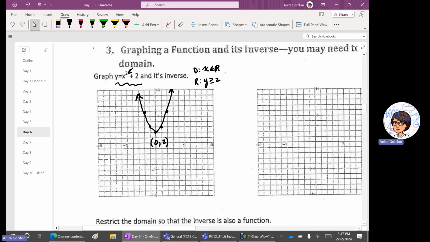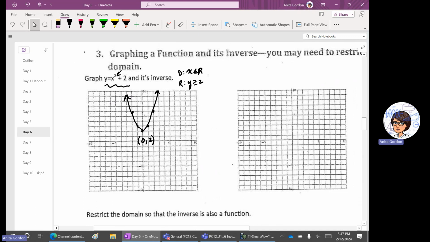Now, when I solve for the inverse, I want to reflect it over the line x equals y. If I do this visually, all I need is some key points. This point is 2, positive 6, and this is negative 2, positive 6.